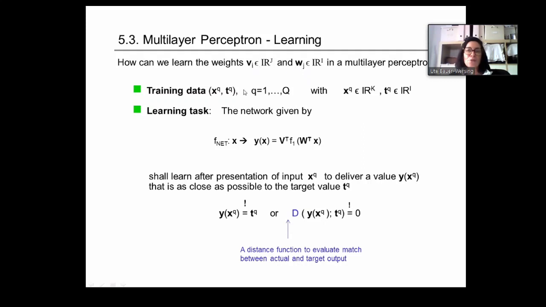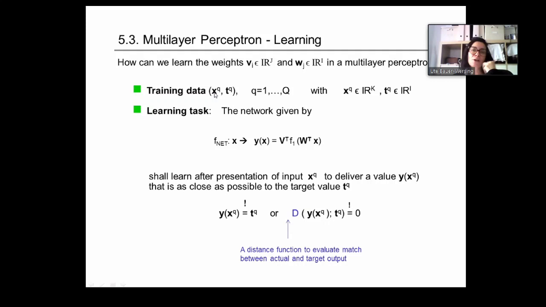So let's first define what we do have in this case. In the introduction, I referred to the perceptron and Adaline, and these two learning algorithms are so-called supervised learning algorithms. So for this learning, we do need labels. What we assume here is we have training data that has labels.